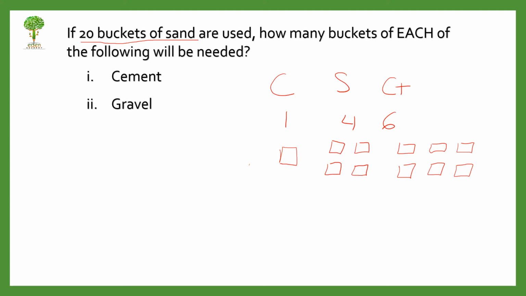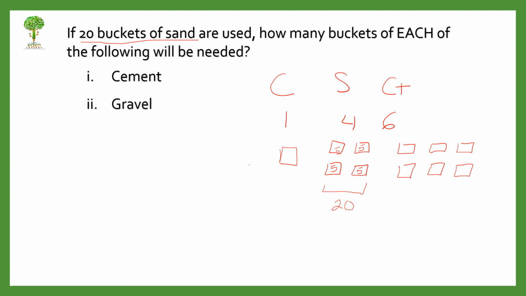Now it says it's 20 buckets of sand. 20 buckets of sand is represented by these four squares or 4 portions. So if the total is 20 buckets, each of these would be 5. 20 divided by 4 gives me 5. So you could put 5 in each of these squares.